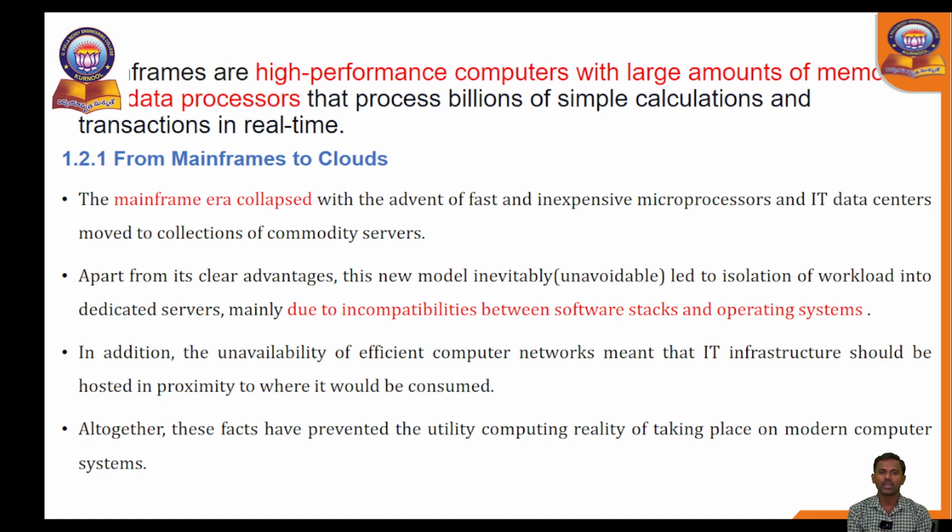So from mainframe to cloud. The mainframe era collapsed with the advent of fast and inexpensive microprocessors, and IT data centers moved to a collection of commodity servers. Commodity means less expensive, so we can get the servers at a minimal cost.